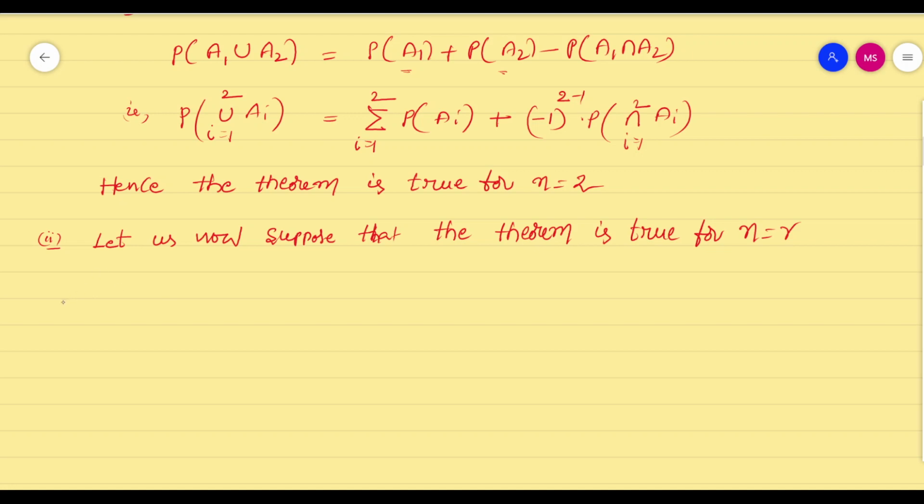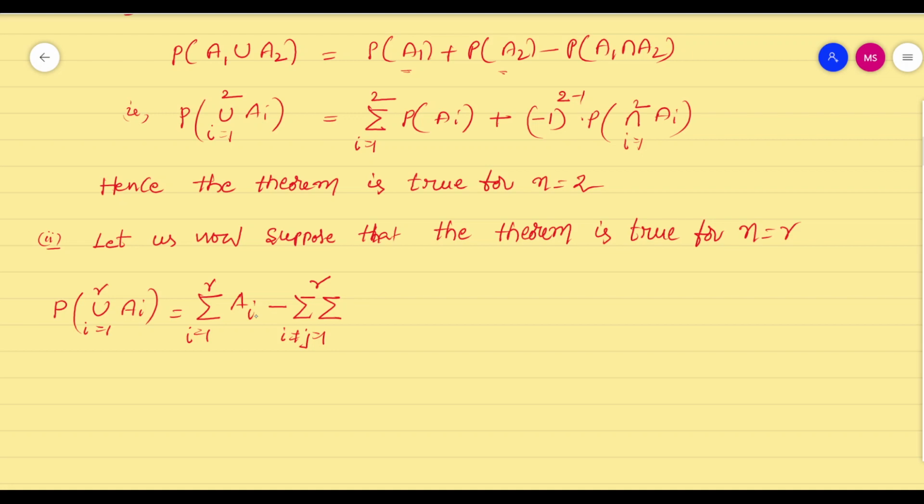Therefore P of union i running from 1 to r of Ai is equal to summation i running from 1 to r of P of Ai. This is the same as the given statement, with r put in place of n, minus double summation i not equal to j equal to 1 to r.